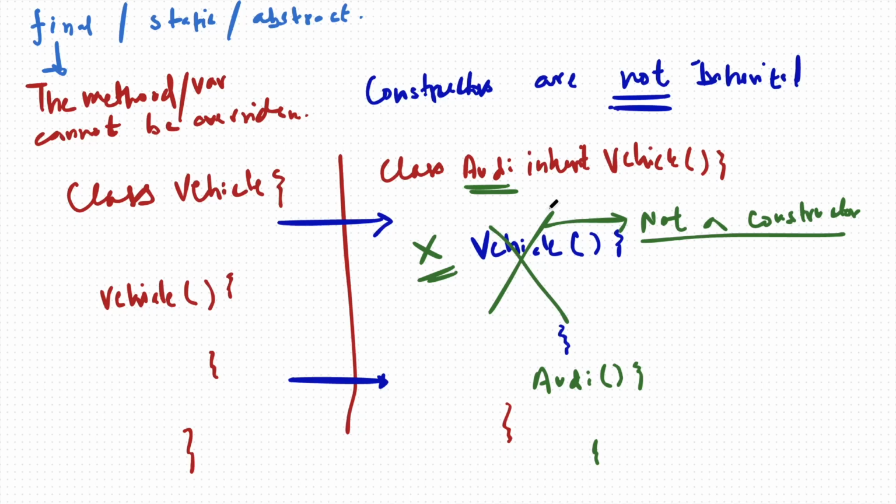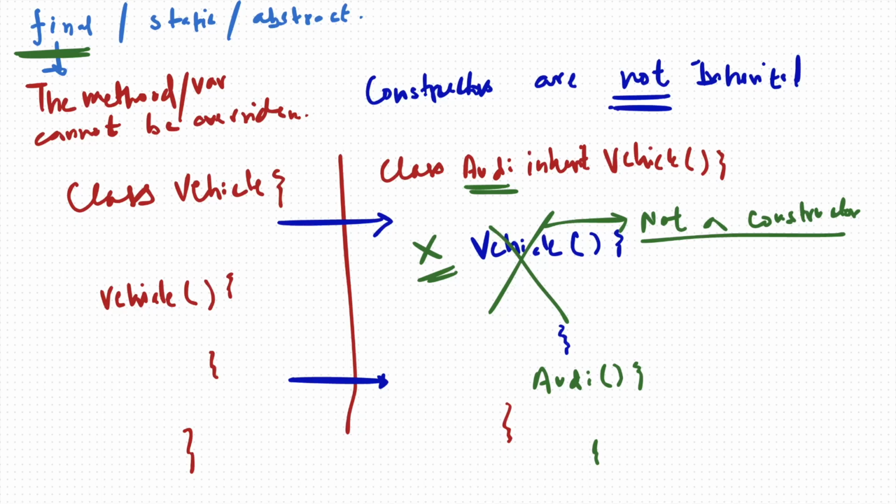Okay, cool. And if we do not inherit the constructor, do you think defining the constructor as final really makes sense? Because final means the function cannot be overridden, right? And to override, the function has to be inherited, because overriding can be done only by another class, right?